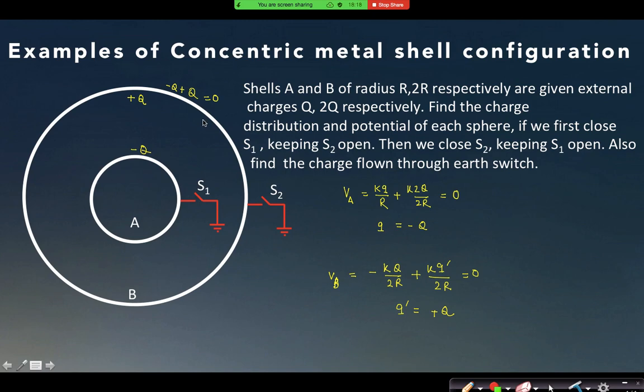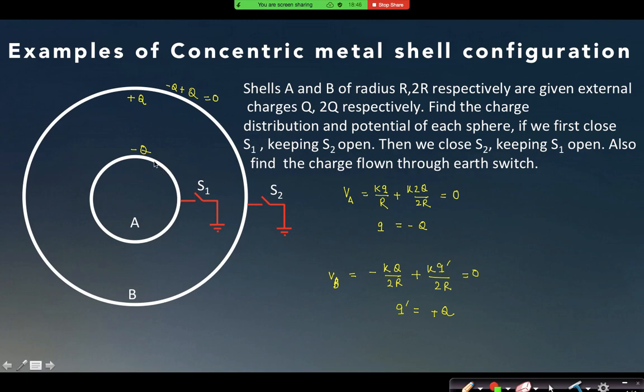So you can understand this is the case when you earth external shells. When you earth the extreme shell, you will always find that the outer surface of the shell will carry 0 charge, not the inner one, because if you earth this one, then this can also have some charges.